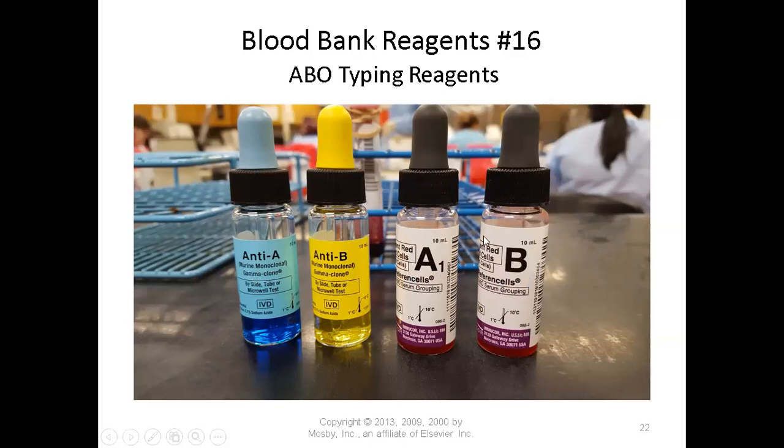What you can't see on the label is it says 2 to 5% suspension, probably where it's curved around. But before we add any drops of these cells to our tubes, we absolutely have to make sure that they're well mixed, and that the dropper, we have to squeeze it up and down and mix what's in the dropper as well, okay, because we want to make sure we're getting the proper antigen concentration when we're doing our test.